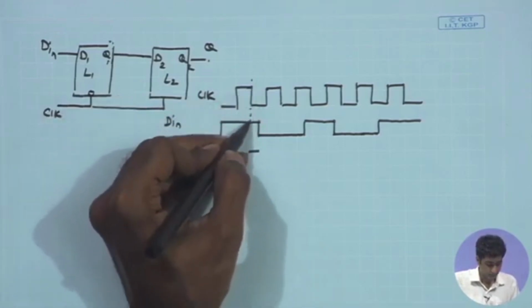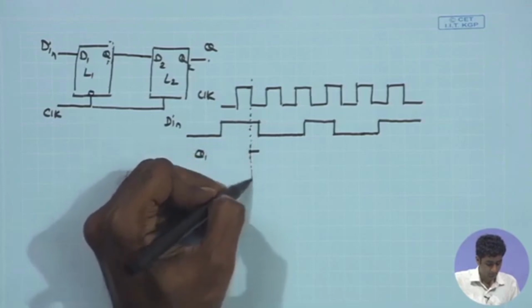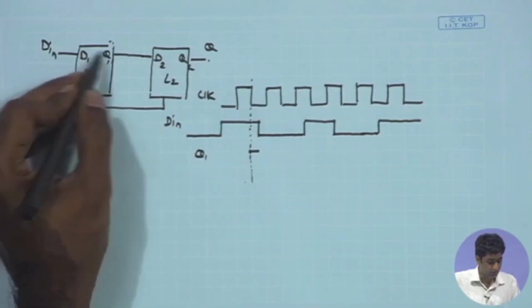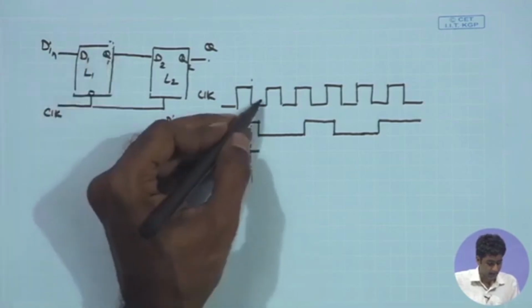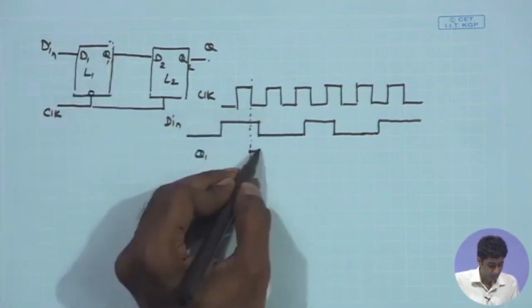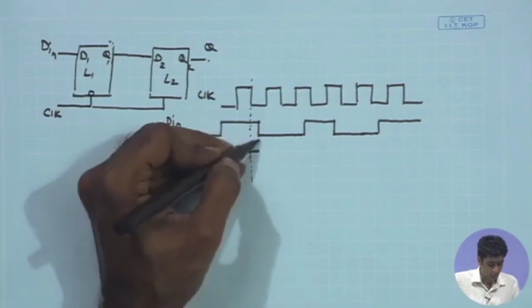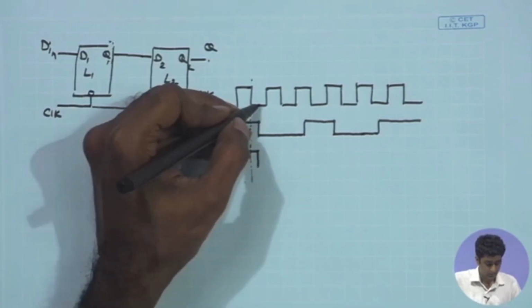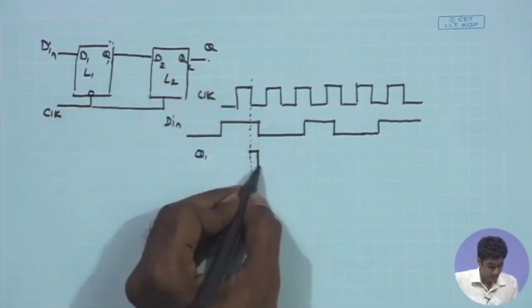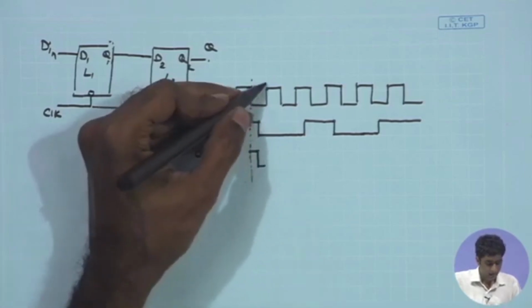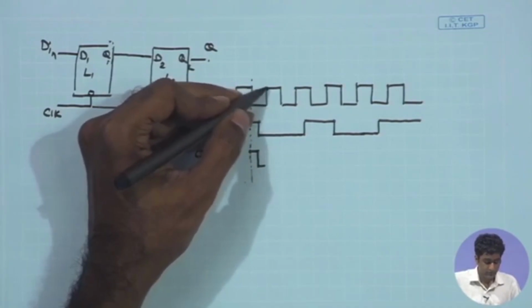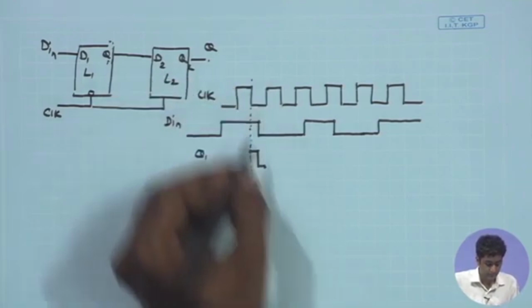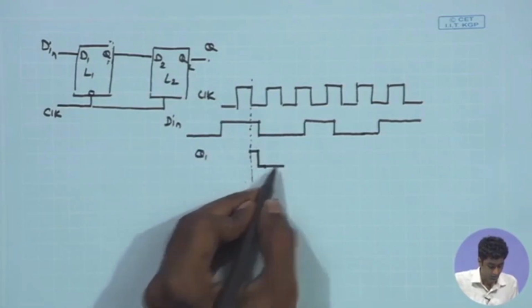During this low phase of the clock, the high value of D in will be transferred to Q1, and as soon as the data goes low during this phase, the Q1 also goes low, and before the positive going edge of the clock, the data is remaining low, and therefore, during this entire positive phase of the clock, the Q1 will be remaining low.